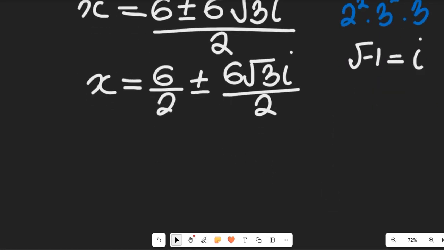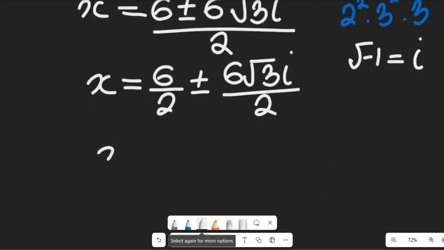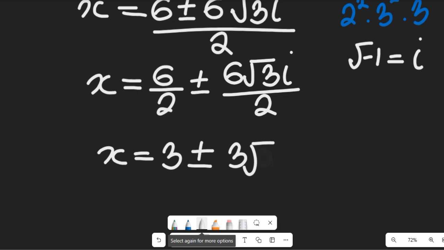So if you divide all these by 2, our x will be equal to 6 divided by 2, which is going to give me 3, plus or minus 6 divided by 2, which is going to give me 3 root 3i, which is a conjugate solution.